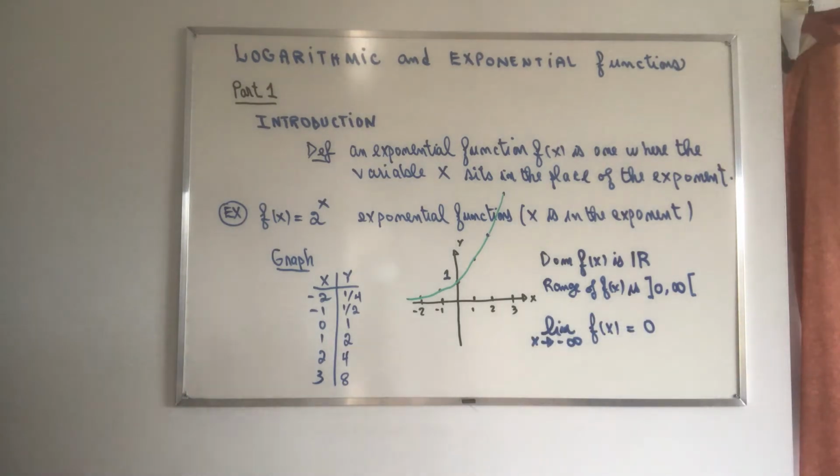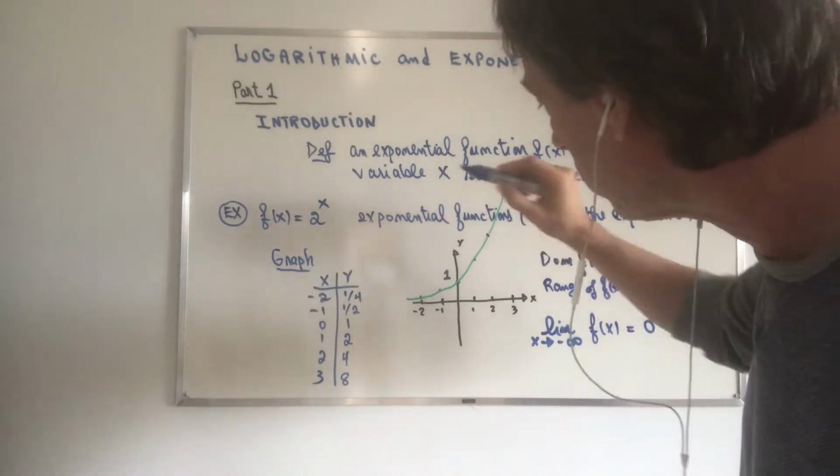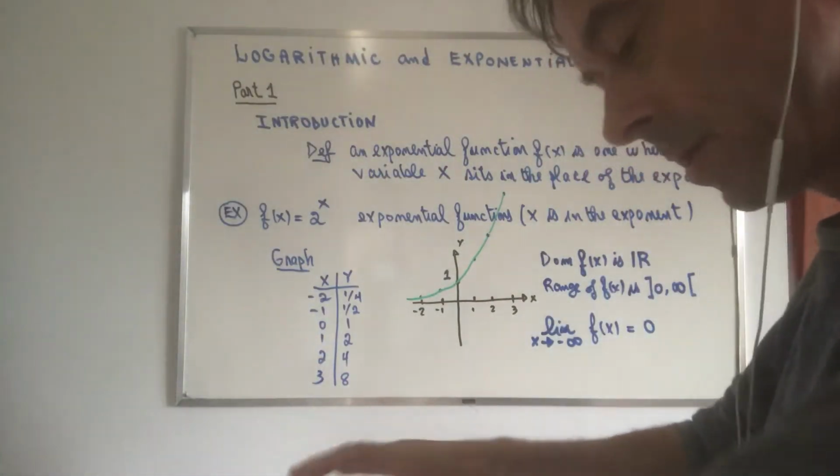So there you have it. That's your exponential function for you. And that's pretty much what I have to say about that. So hopefully this is not too overwhelming, pretty easy stuff.